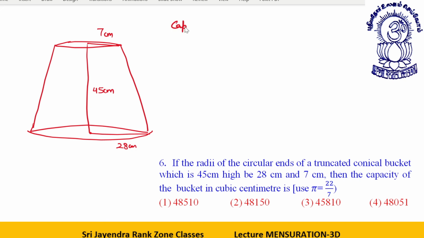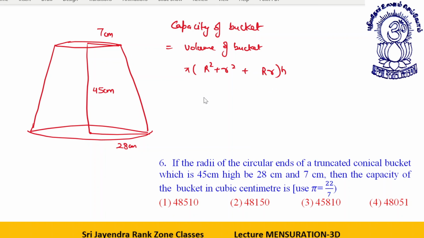Capacity of bucket means volume of bucket. Capacity of bucket is equal to volume of bucket. What is the volume of bucket? Pi r square plus r square plus r into h. Okay. Pi is 22 by 7.